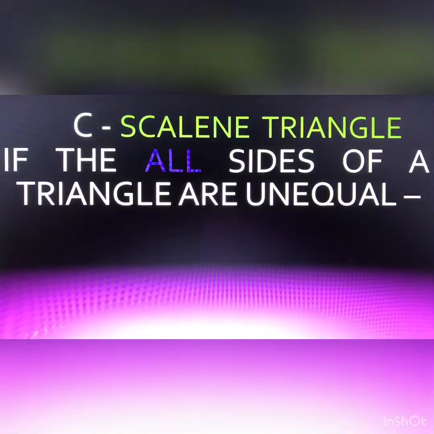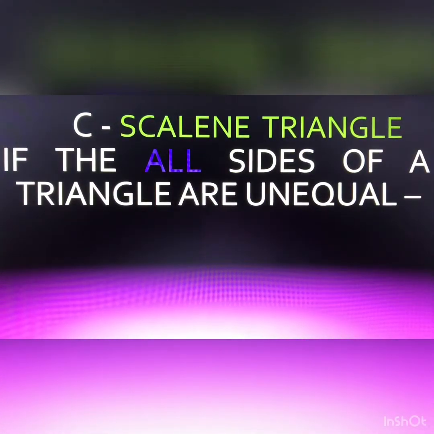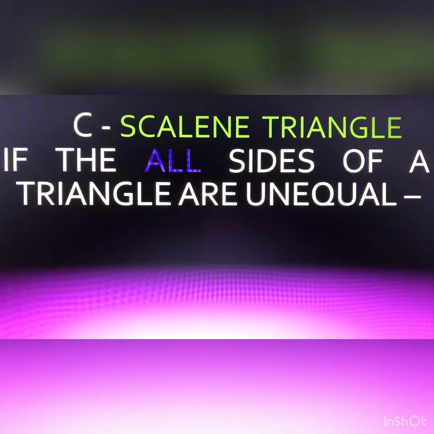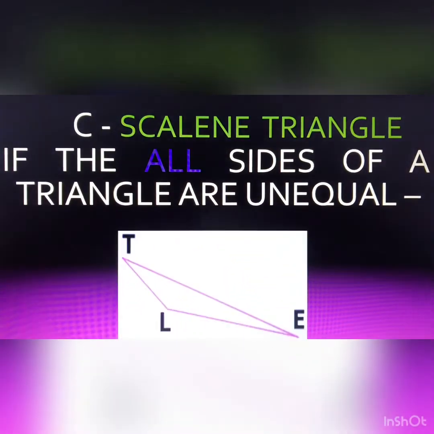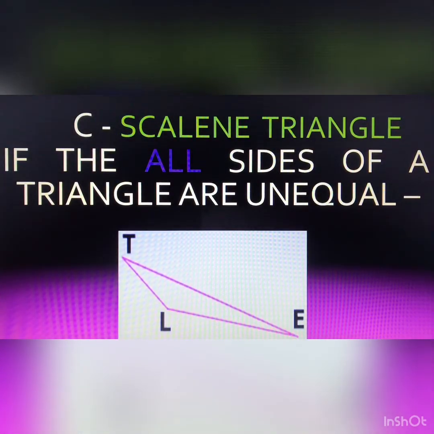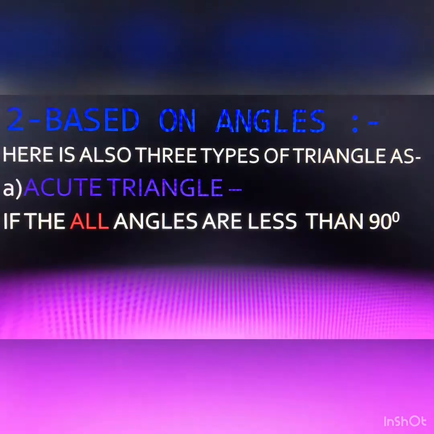Now the third one is the scalene triangle. If all the sides of a triangle are unequal, that is different, then that type of triangle is known as a scalene triangle. So this is an example of a scalene triangle. You can see that all three sides are different, therefore this is a scalene triangle.